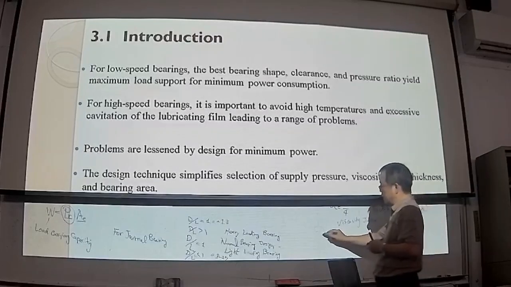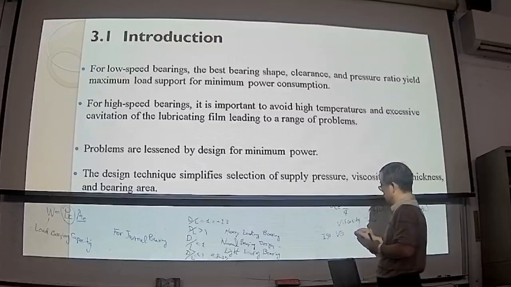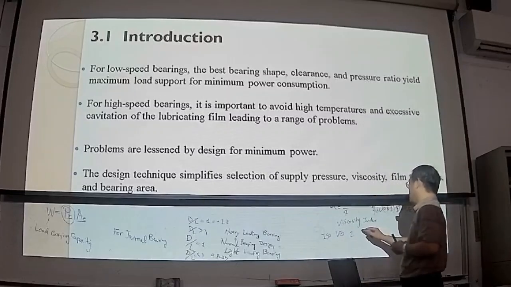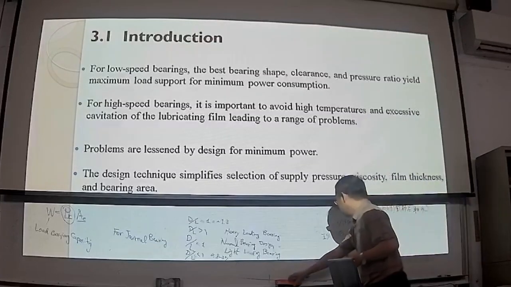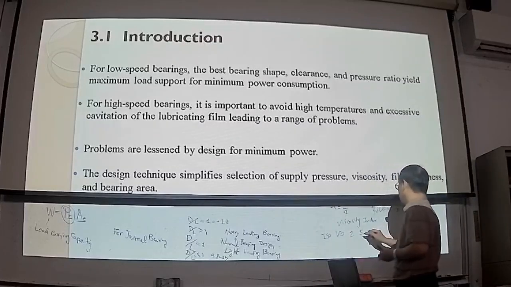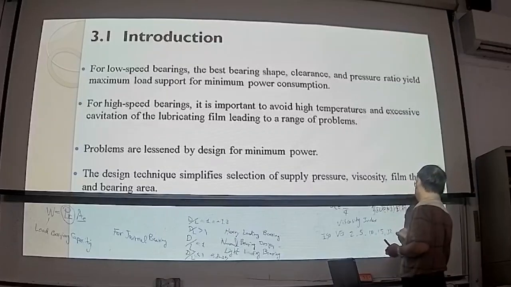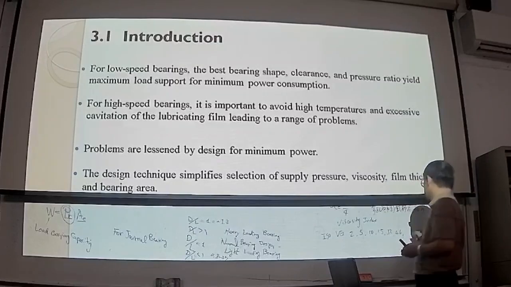The viscosity index number, we mentioned maybe 1 or 2 weeks ago, is an ISO standard. Usually we call it the VG number. The number can be 2, 5, 10, 15, 32, 46, 64.